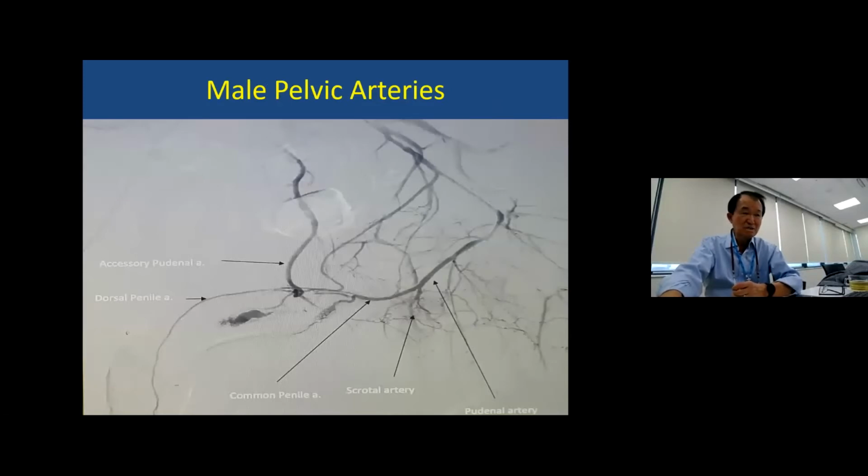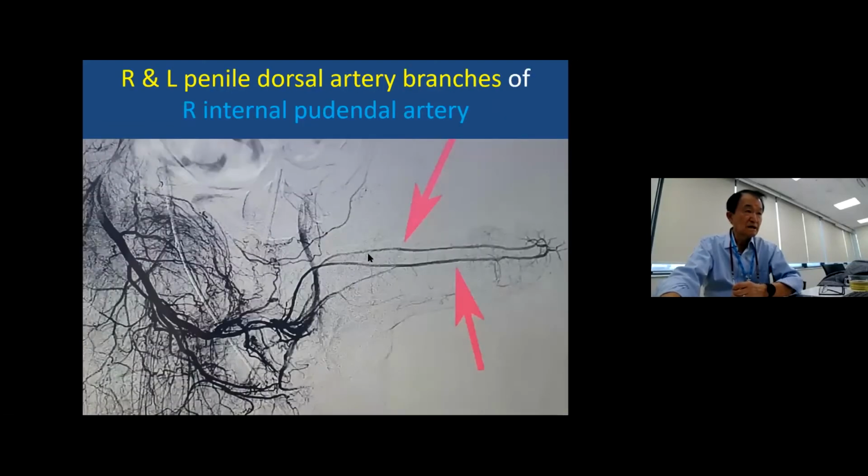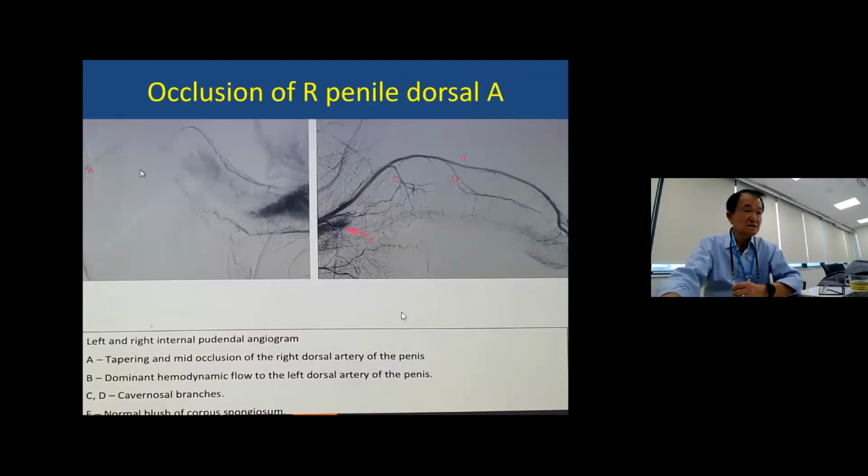And this is a super-selected pelvic arterial study. It's the pudendal artery, this is the scrotal artery branch, this is the common penile, and this is the dorsal penile. And there's some leaking here. So the penile, dorsal, ventral, and so on. If there's a blockage, you can easily detect it.